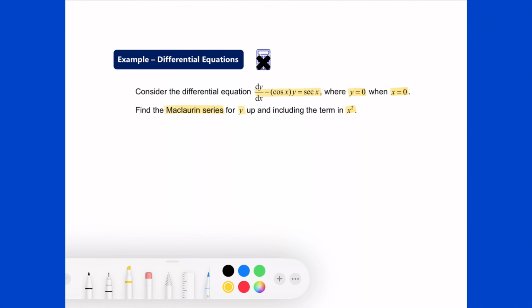Every time we are going to solve a differential equation, which means we are going to find an expression of y, finding the Maclaurin series for the solution means we are going to present the solution of the differential equation in the format of polynomials.